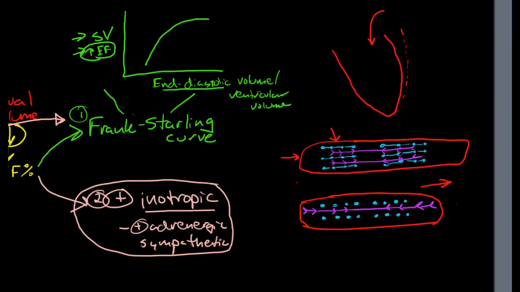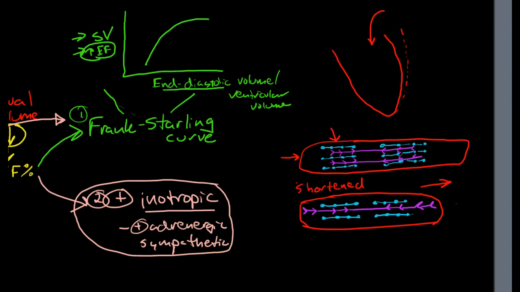Now here we have a shortened fiber because we have an underfilled ventricle, and with the shortened fiber, the actin and myosin are not well matched because the actin fibers are too close together, and the myosin fibers don't have quite as many binding sites.